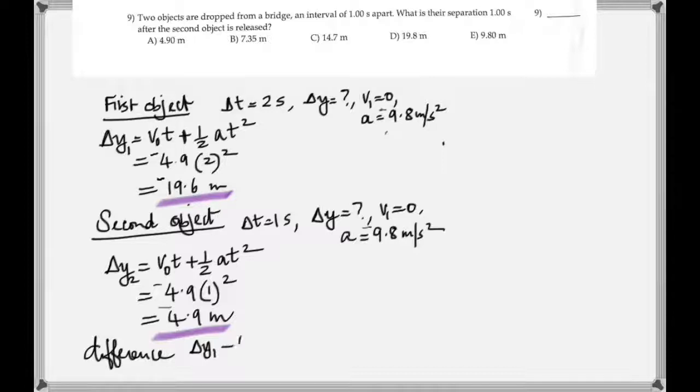So the difference between them is simply 14.7 meter. Technically, it would be negative 14.7 meter. So that's the answer.